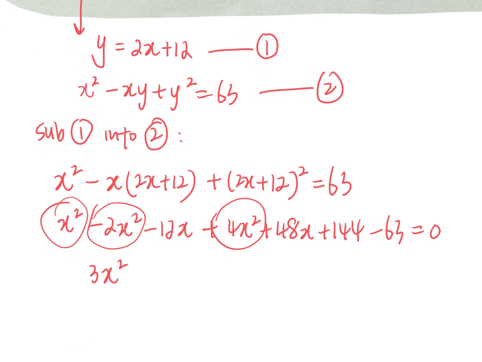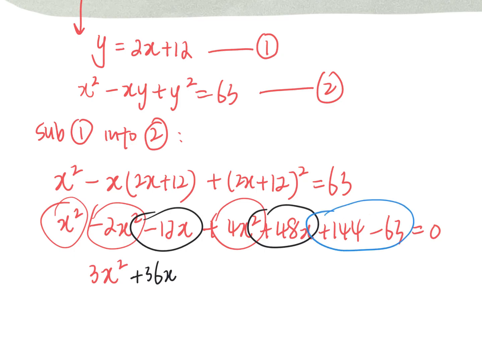Okay, and then all the x's, group them together. So you have a 36x. And then the last one is all the constant term. So 37 plus 41, what is it? 81.